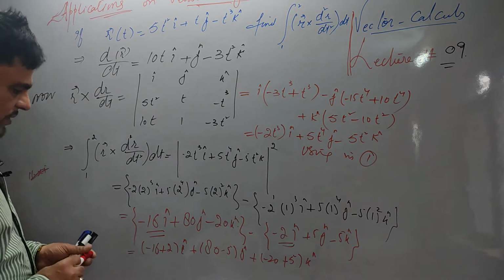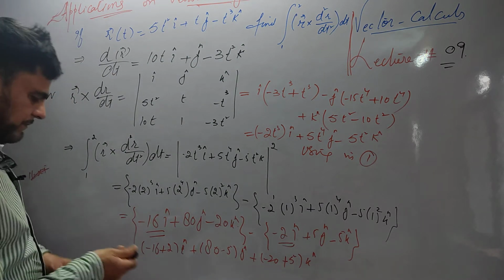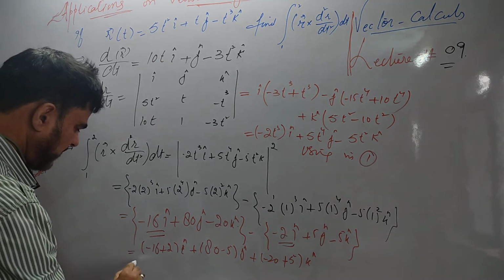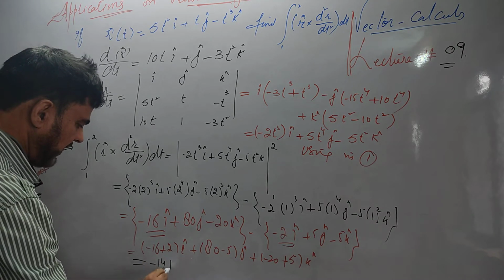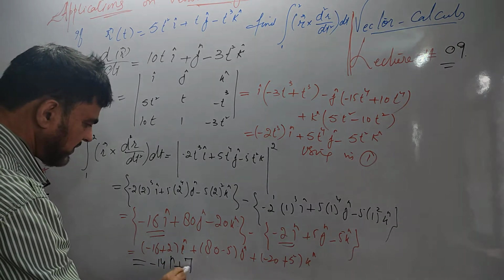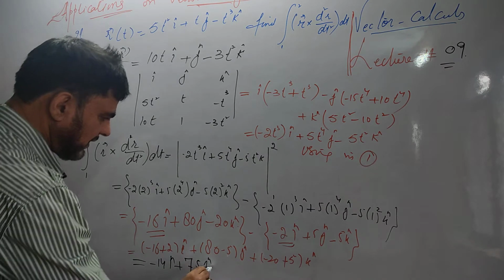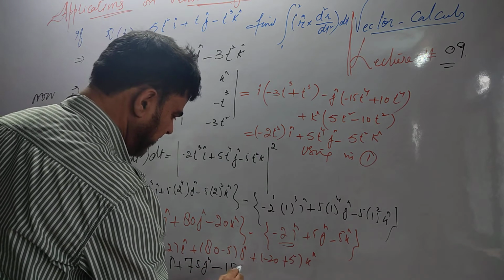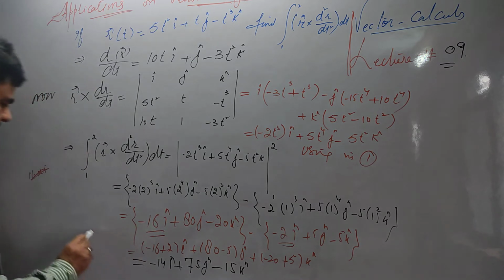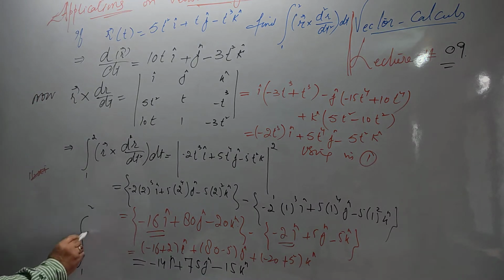So the required result of this integral is given by minus 14i plus 75j minus 15k. This is the integral from 1 to 2 of r cross d2r by dt square.